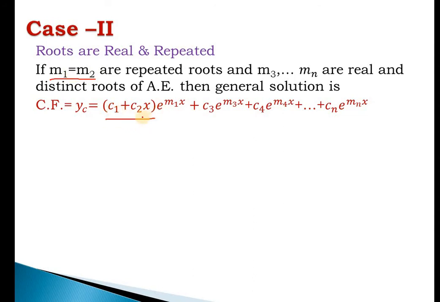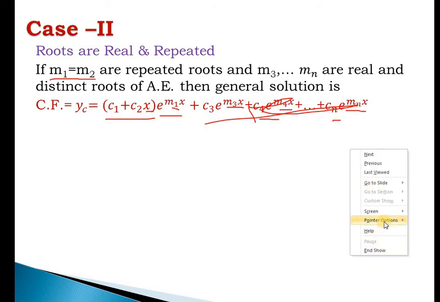First is (C1 plus C2 times x) into e raised to the repeated root M1x, plus C3 e raised to M3x plus C4 e raised to M4x, and so on up to Cn e raised to Mnx. These roots occur one time, so their contribution is only of this type.